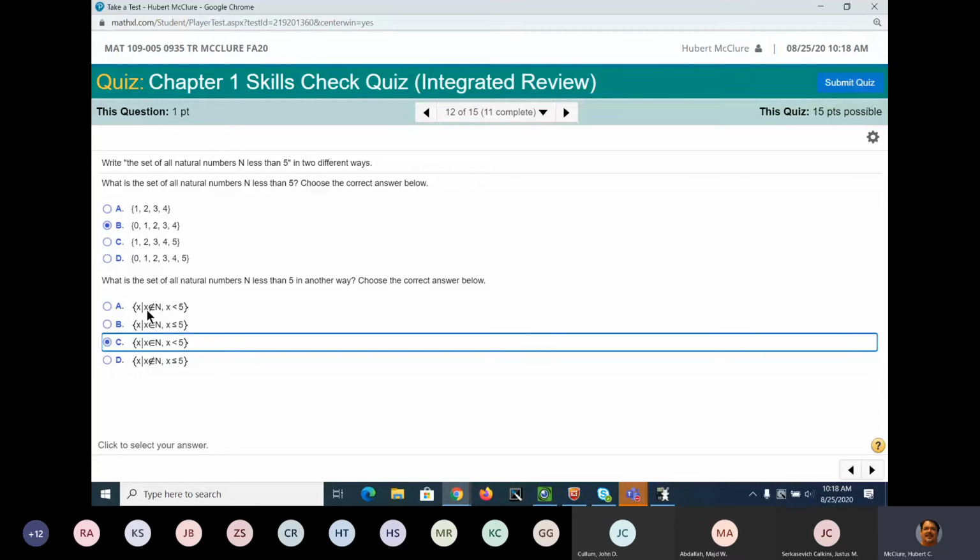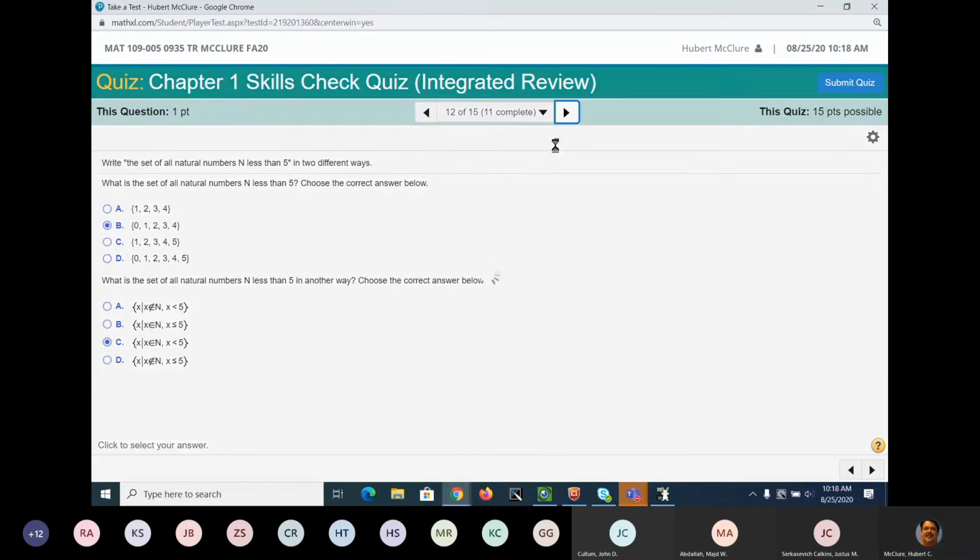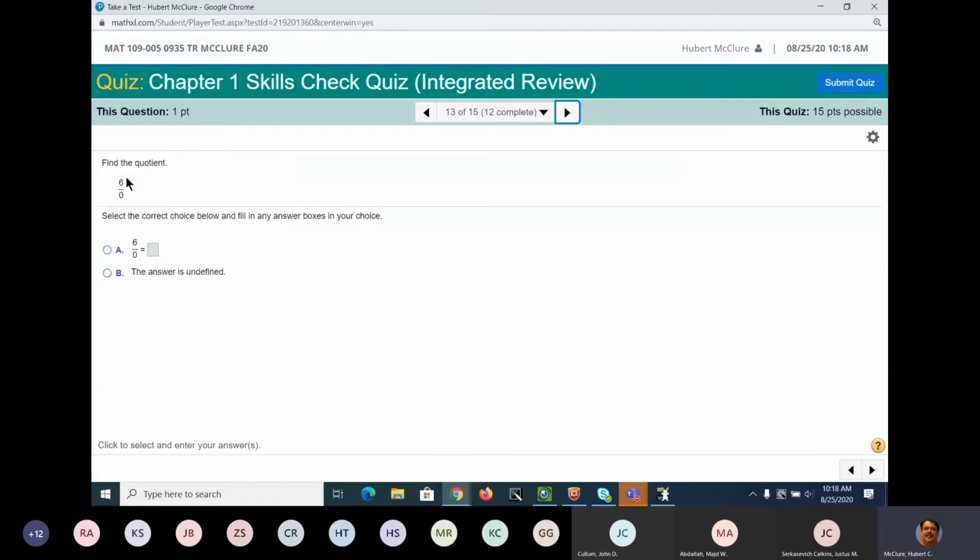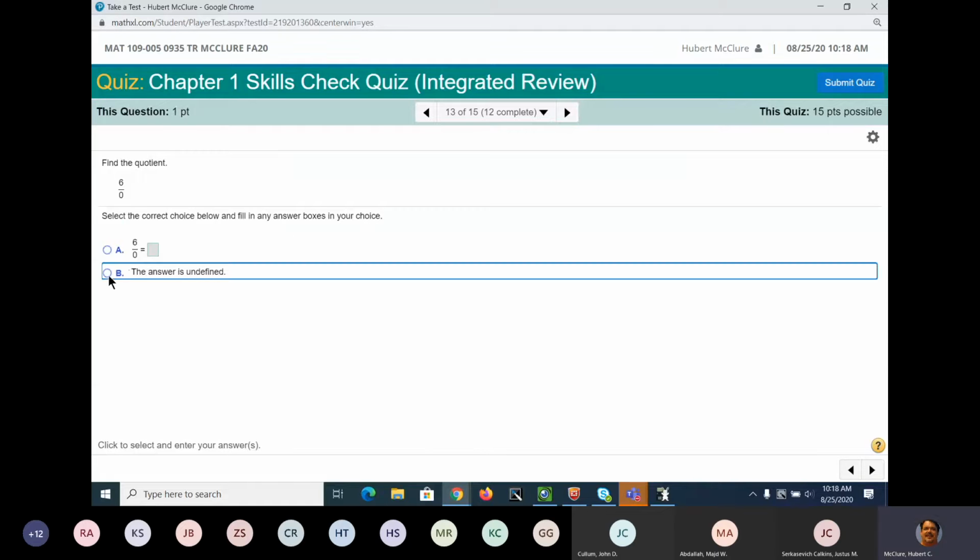That says x cannot be a natural number, and you can't use that because it has to be a natural number. So I would say this one. Find the quotient. Undefined. You cannot divide by what? 0.